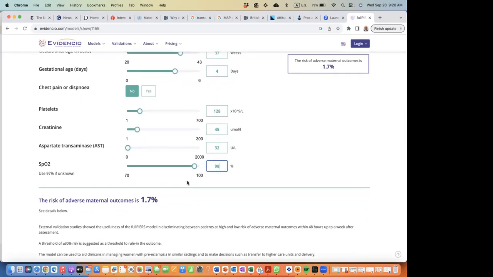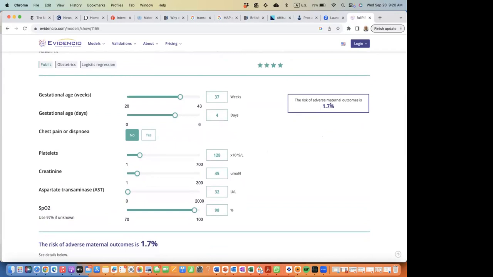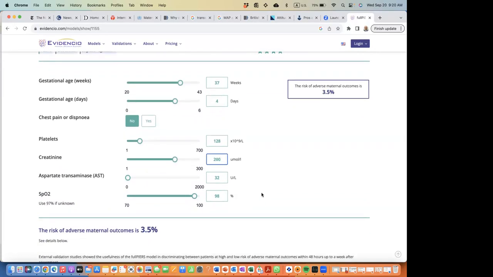So this is how it is done. This is the kind of graph which is given here, and you fill it in and give those values of the patient, and it gives you the risk of adverse maternal outcome is 1.7%. Now, if you change the creatinine to 200, then the risk is 3.5%.